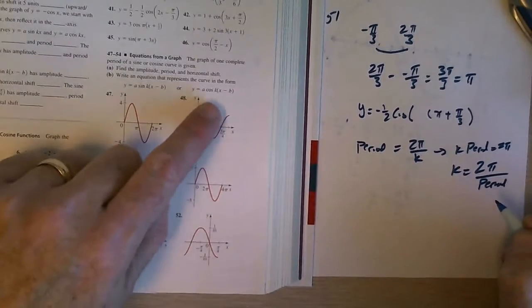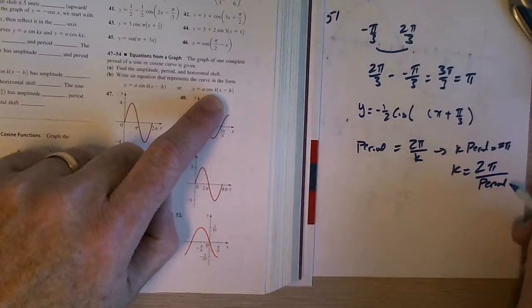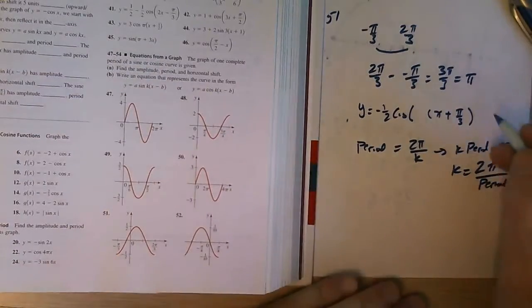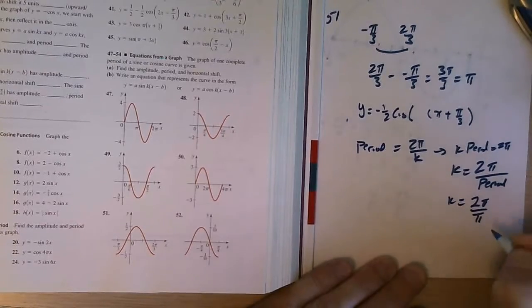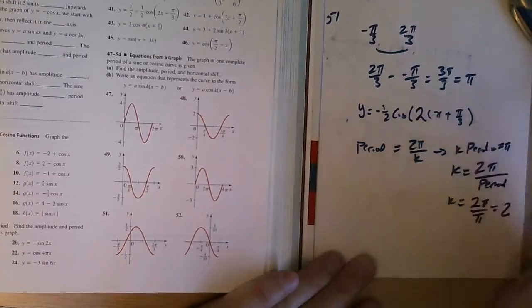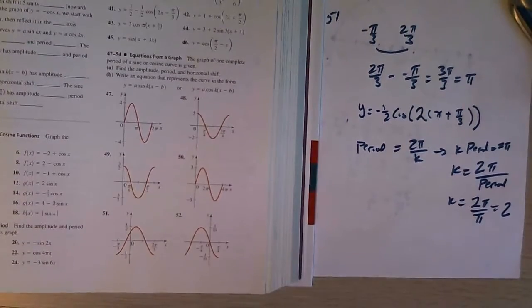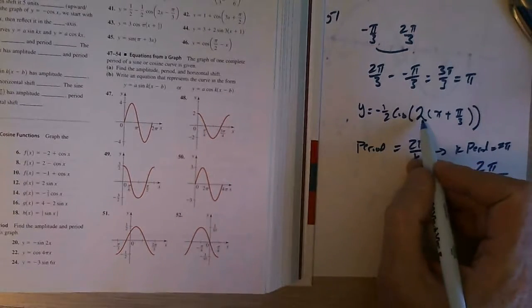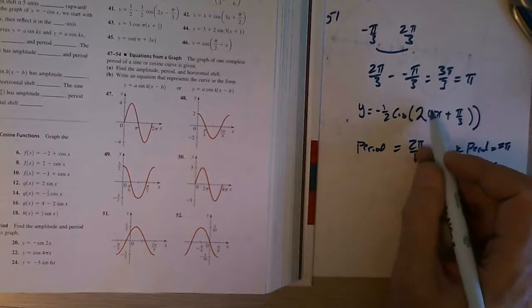So the number that I need to put into the formula is not just the period, it's 2 pi divided by the period. So here the period is pi, so k is 2 pi divided by pi, which is just 2. And so that's going to be a 2 right there. Okay. So the period's pi, which means the multiplier in here is a 2. Your standard period of 2 pi has been shrunk by a factor of 2, and hence the 2 right in there.